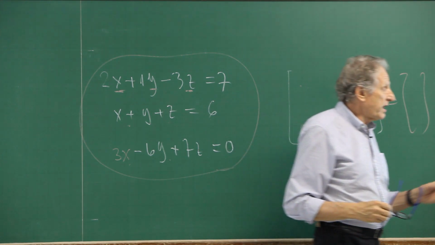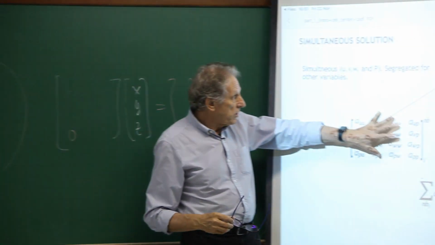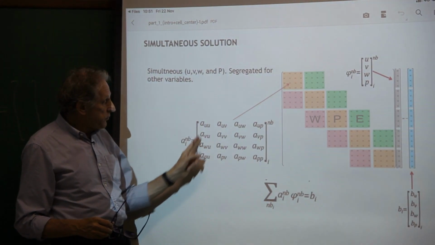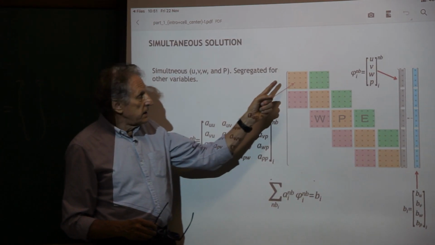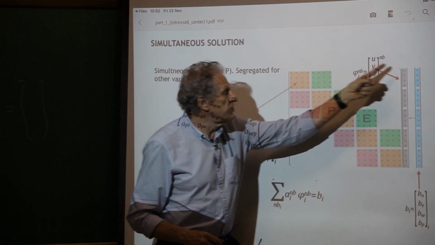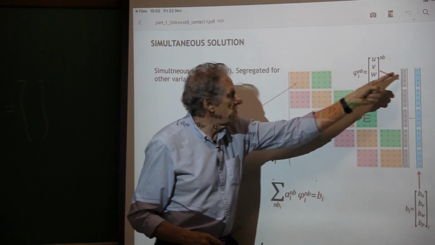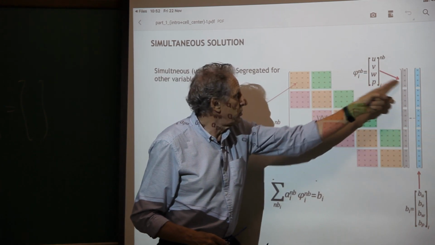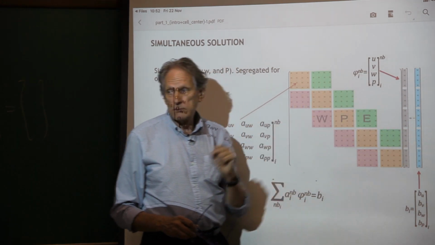So it's nice to have all these equations, because this little 4 by 4 matrix multiplies the first 4 values: some value times u, another value times v, another value times w, another value times p.